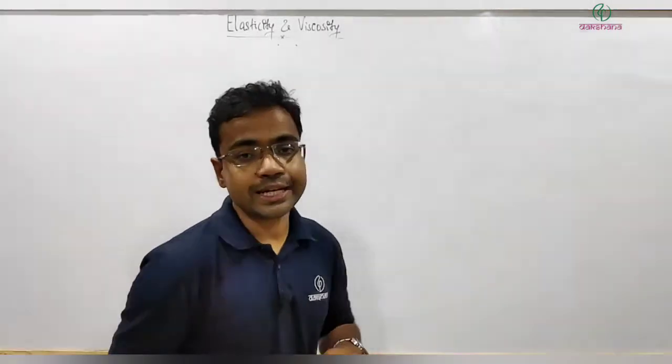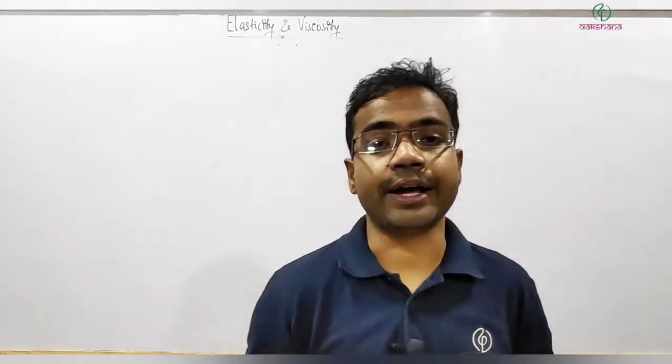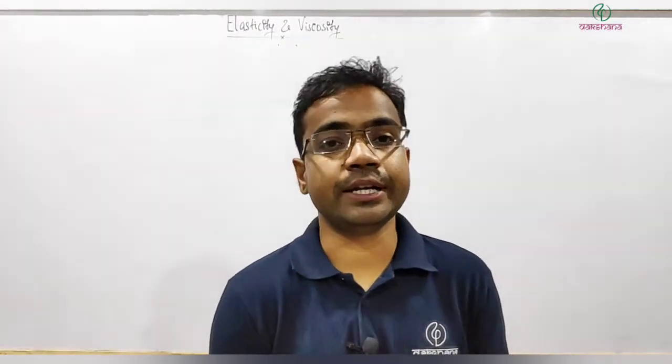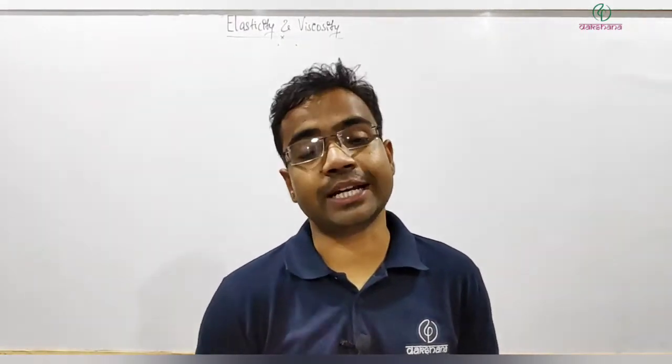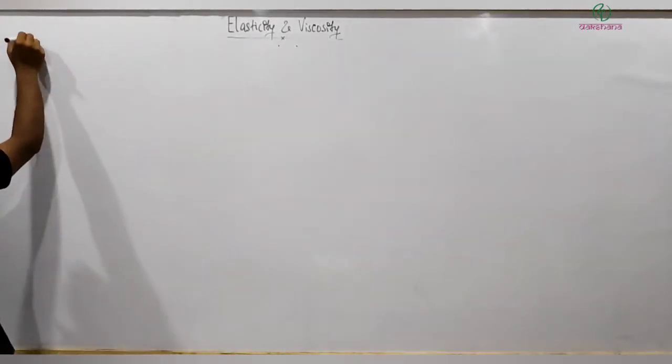So first, solid, everyone is familiar. Solid, like here atoms are arranged, is it? So like all material, whatever it is, they are made of some atoms and molecules. So solid we can define simply, it's a material.